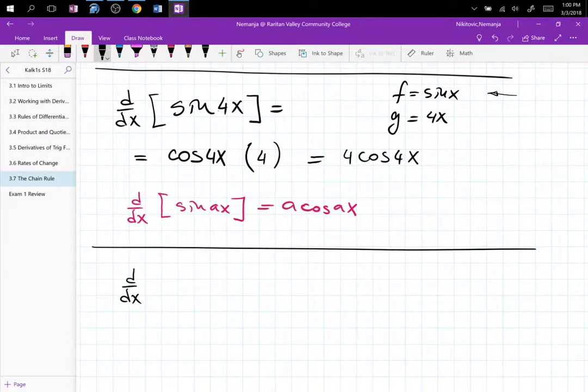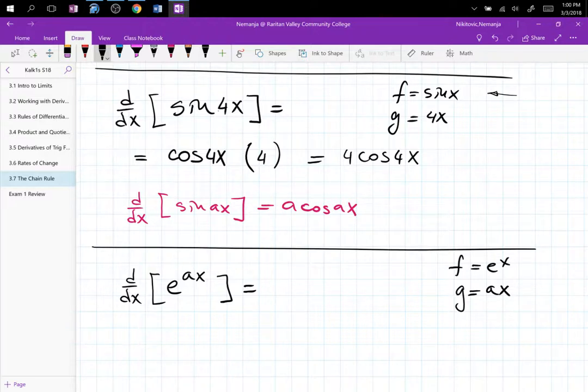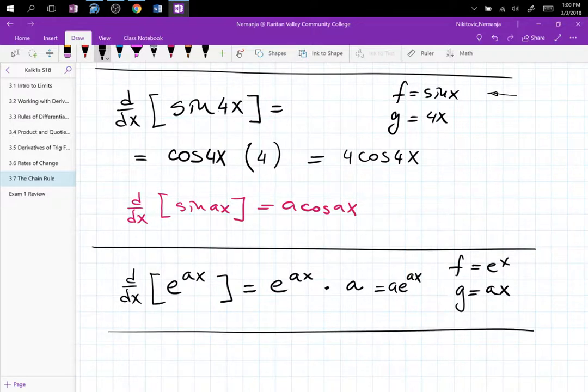The derivative of e to ax is, well, f is e to the x and g is ax. So the derivative of e to the x is itself, so e to the ax, times the derivative of ax, which is just a. And you get your a e to the ax, which was the formula you were supposed to memorize. But you see, the chain rule takes care of it.